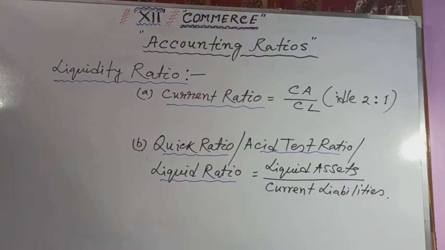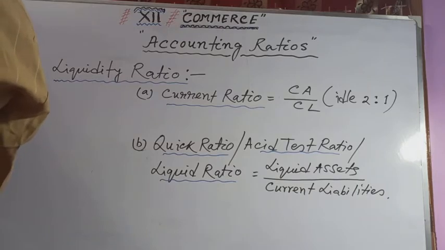Now what are the objectives of this current ratio? The main objective of the current ratio is to assess the firm's ability to meet its short term liabilities on proper time. A current ratio of 2:1 is supposed to be an ideal ratio. It means that the current assets of a business should be at least twice its current liabilities.